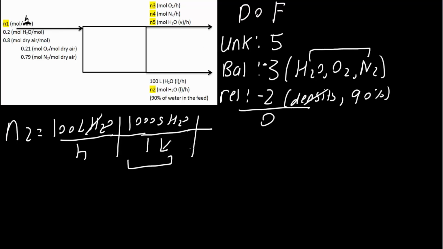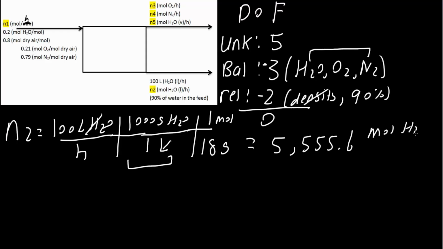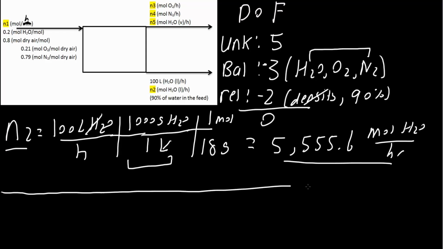With the molecular weight of 18 grams per 1 mole of H2O, this gives us 5,555.6 moles of H2O per hour. And this is N2. So N2 is solved. We have 4 more things to solve, but we used density.